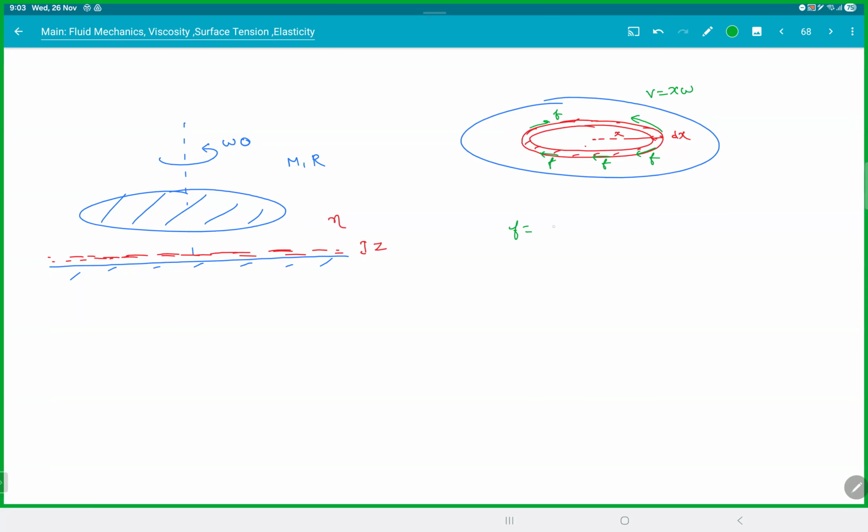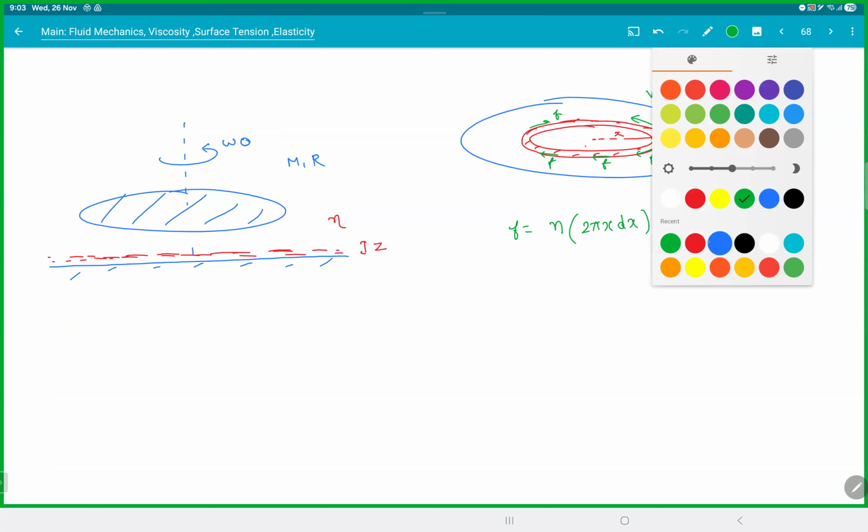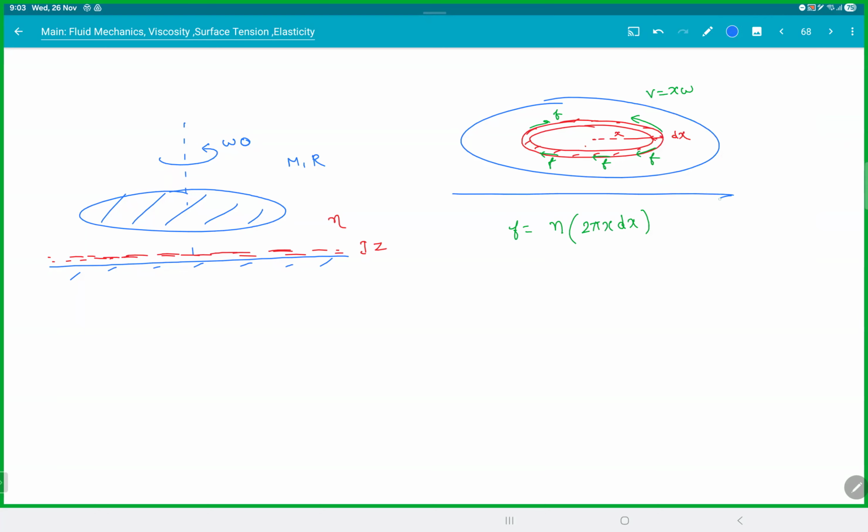This friction will be eta, area of this thin strip, which is 2 pi x dx, times dv by dz. Now what is dv? dv is the velocity between the thin strip and the ground. So you are comparing the ground and the thin strip. So that would be x omega minus 0, by the distance between the thin strip and the ground, which is z. Are you clear with this?